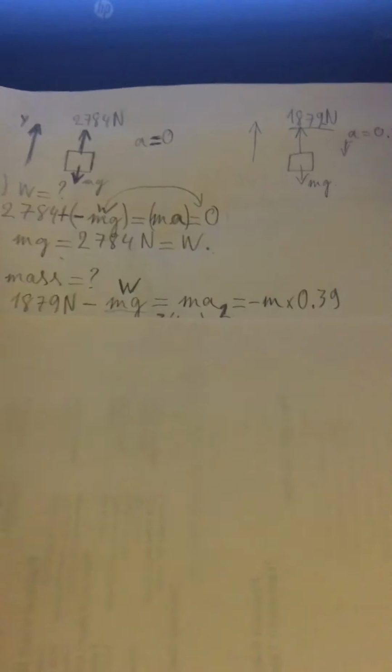Why is it negative? Because it's downward. So I can easily solve for the mass, which is 2.32 times 10 cube kilogram.